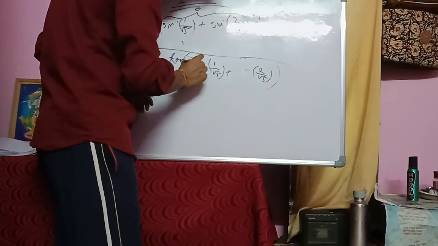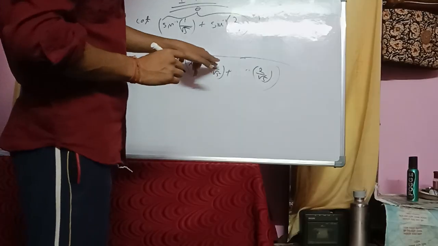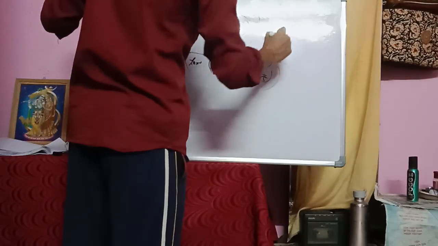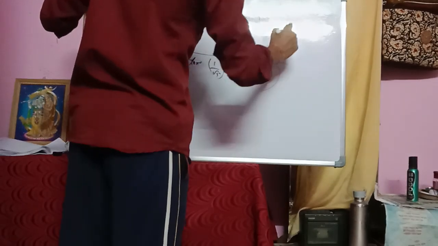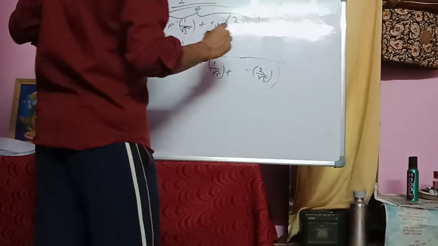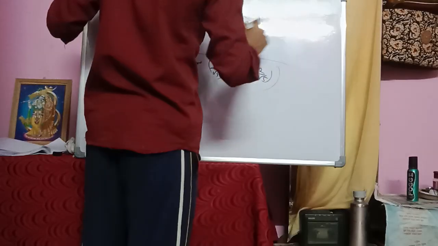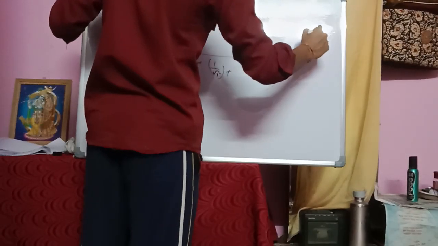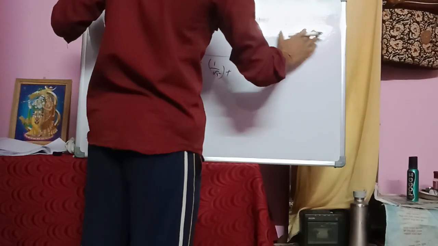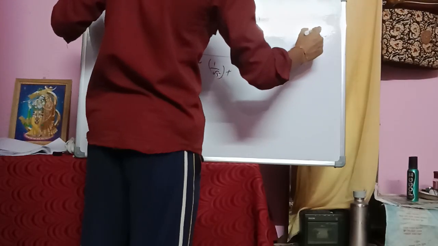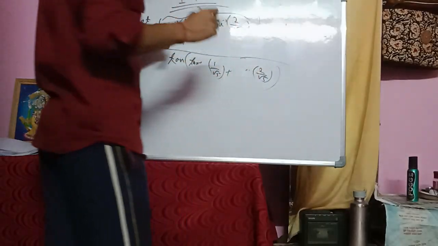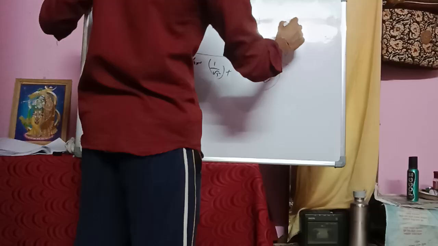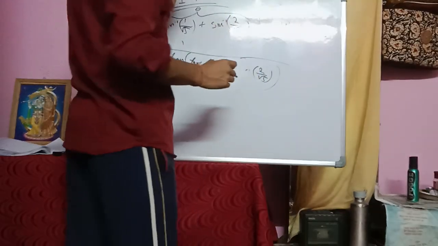This can be rewritten as follows. First of all, we know that the length is 1, and let's say the base is b, and we know that the hypotenuse is root 5. According to Pythagoras theorem, root 5 would be equal to root of 1 square plus b square.